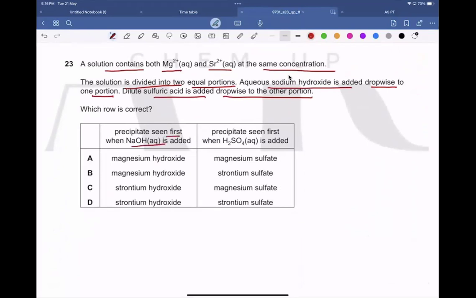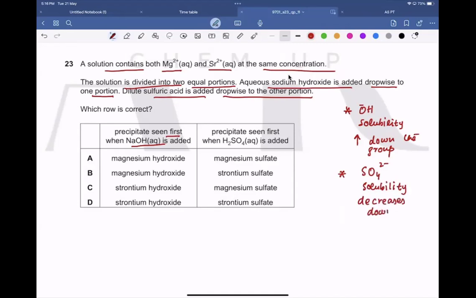Okay, if you recall, group 2 hydroxide solubility increases down the group, and group 2 sulfates solubility decreases down the group.